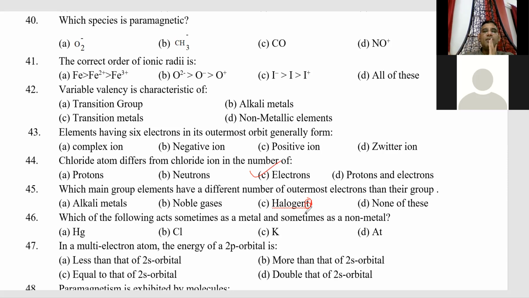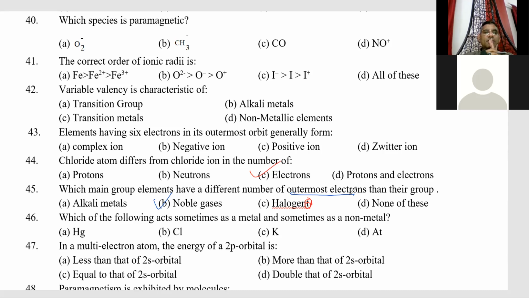This is also a very good question. Noble gases have 8 electrons in the valence shell, but their group is 0. So the answer is what they asked you.